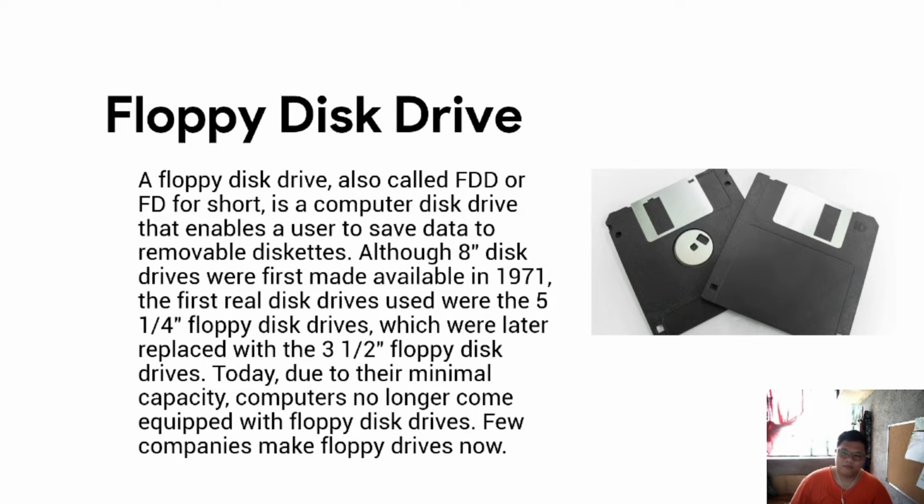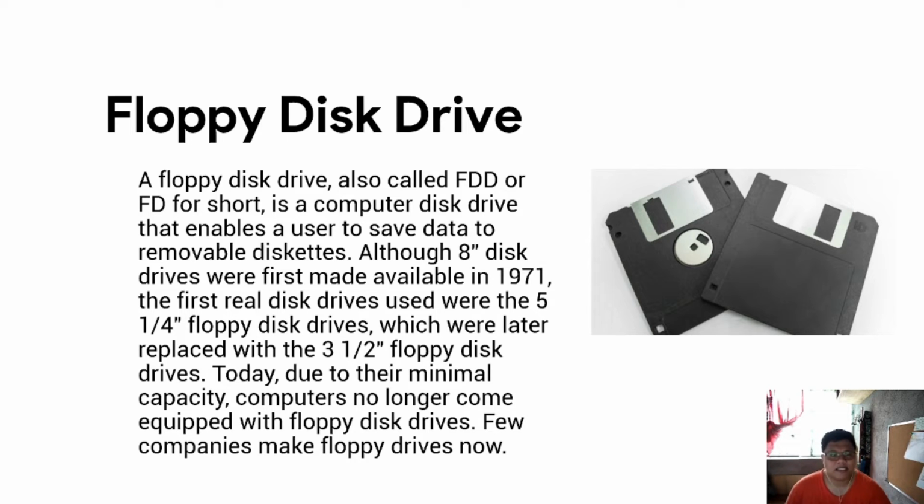Although an 8-inch disk drive was first made available in 1971, the first real disk drives used were the 5 1/4 floppy disk drives, which were later replaced with 3.5-inch floppy disk drives. Today, due to their minimal capacity, computers no longer come equipped with floppy disk drives. Few companies make floppy drives now.